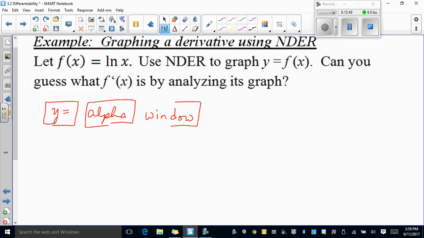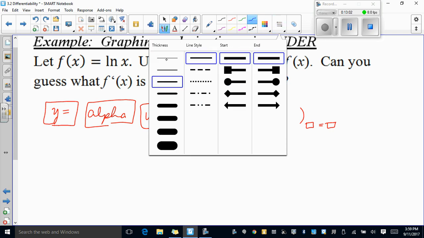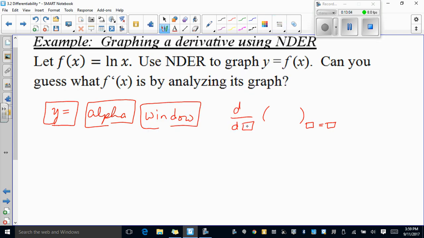And you know the drill, it's going to give you that D with a box, with the parentheses, and then box equaling box. So now I go back to a different color. What you're going to plug in now is still x here, and then that will change this guy to x. You're going to type in natural log of x.